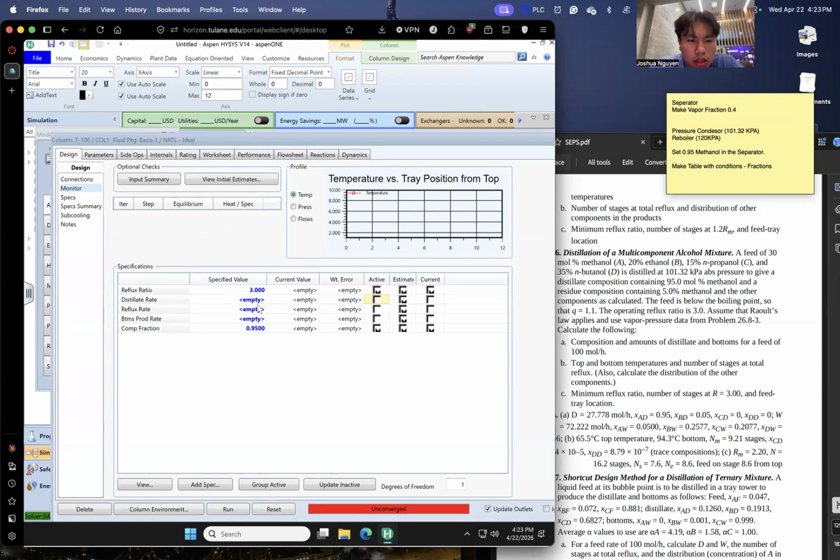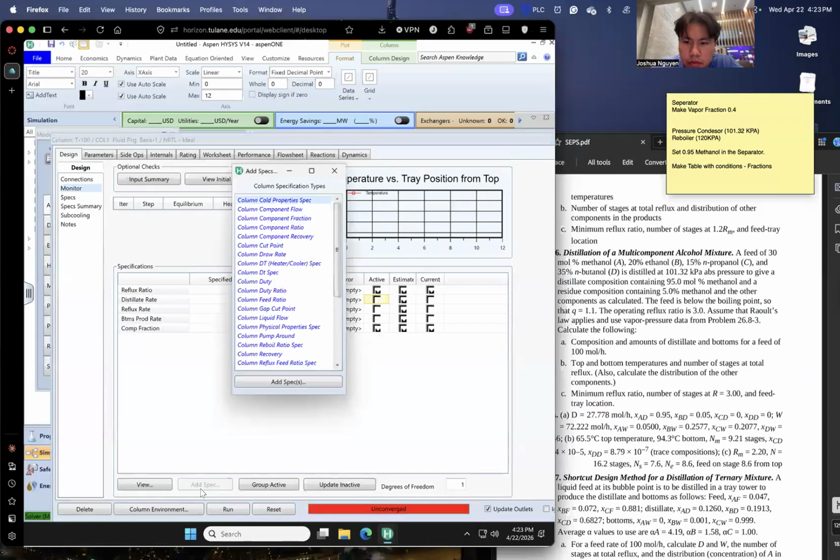And then we're going to need the, what else is it giving us here? Let's see.